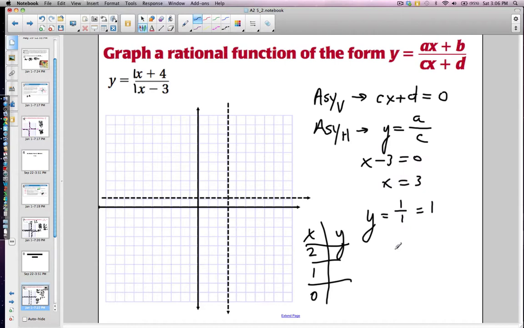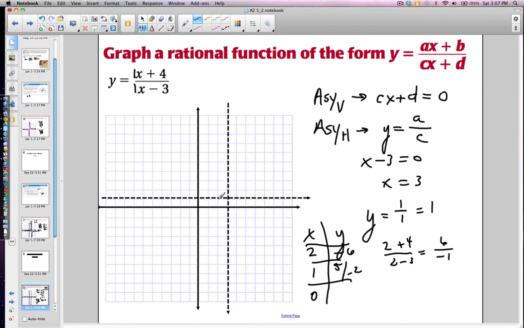So when I do that, I'm going to have 2 plus 4 over 2 minus 3. So I'll have 6 over negative 1, so I'll get negative 6. 1 plus 4 is 5. 1 minus 3 is negative 2, so I have negative 5 halves.